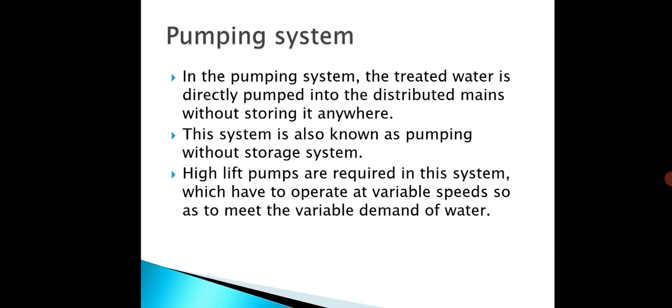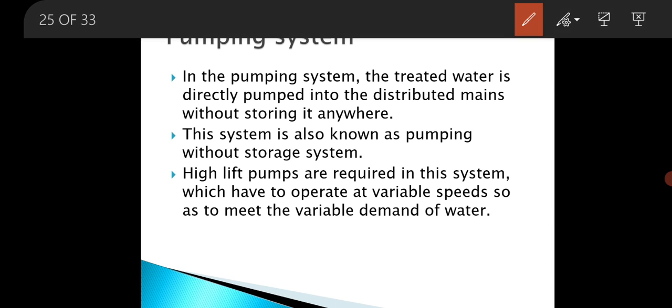In pumping system, the treated water is directly pumped into the distribution main without storing. Therefore, this type of system is also called pumping without storage. So here, high lift pumps are required which have to operate at variable speed.